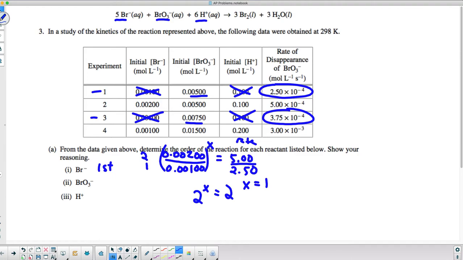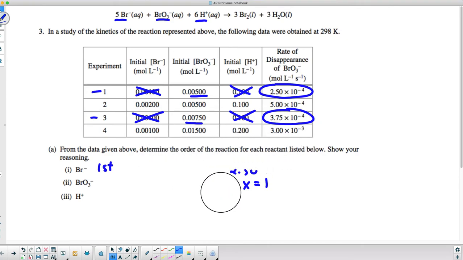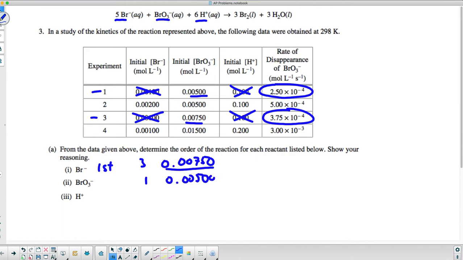So I'm going to do exactly the same thing that I did before for bromide. I'm going to do it for bromate. I'm going to erase this so that you had time to write that down. And I'm going to put 0.00750 on top. This is experiment 3 over experiment 1, and 0.00500, all of this is to some exponent. This is what we're looking for.